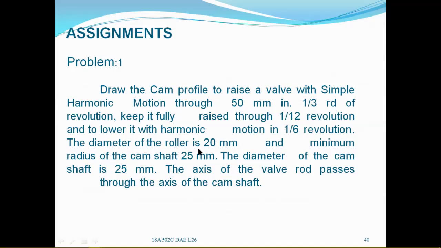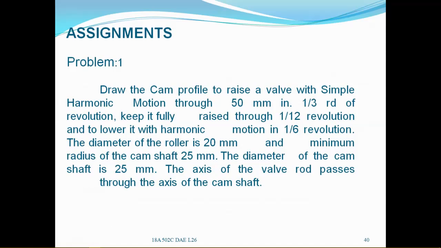The diameter of the roller is 20 mm and the minimum radius of the cam is 25 mm. The axis of the valve rod passes through the axis of the camshaft. A simple problem as we have done: roller follower with simple harmonic motion.